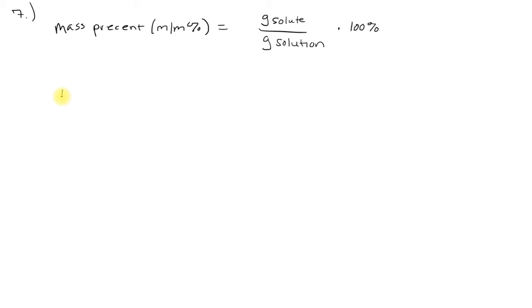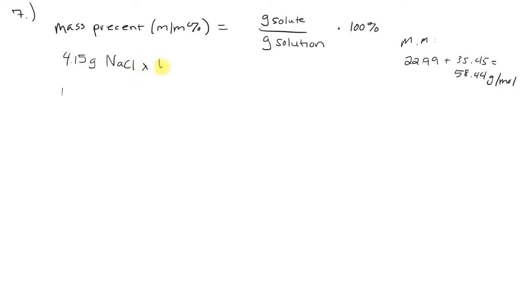And so we dissolved 4.15 grams of NaCl. We need to calculate the molar mass, which is from the periodic table. So 58.44 grams per mole. That's our answer there.